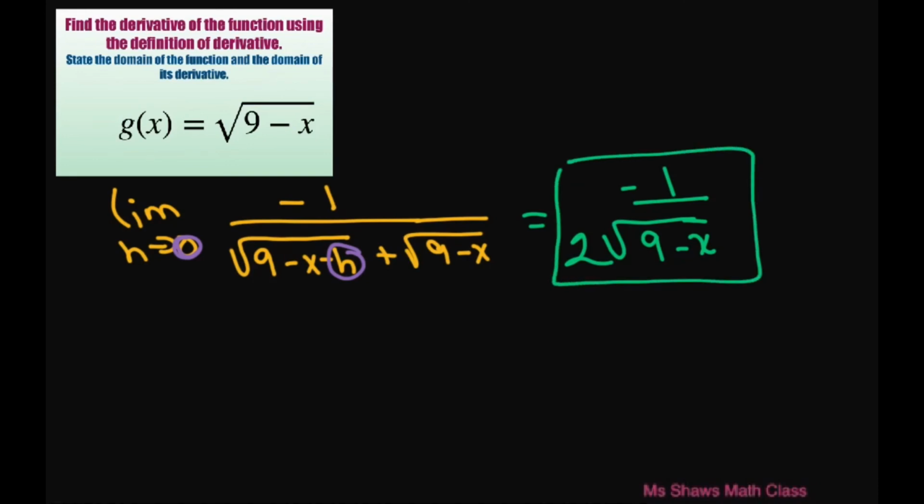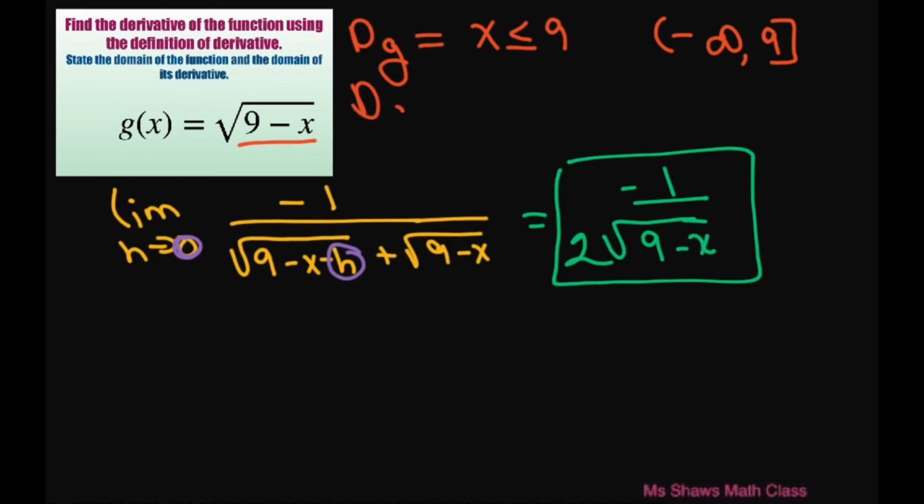Now, the thing is with the domain. Remember, our domain for this was x is less than or equal to 9, or we could say negative infinity to 9. So that's your domain of g. Your domain of g prime is x is less than 9.